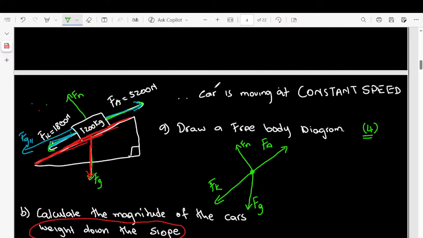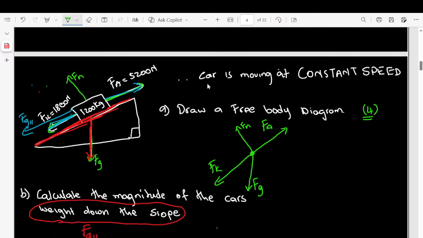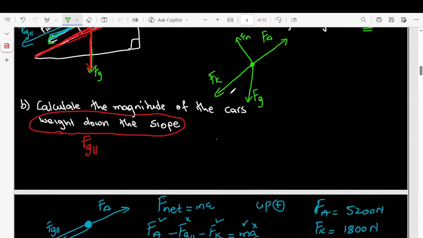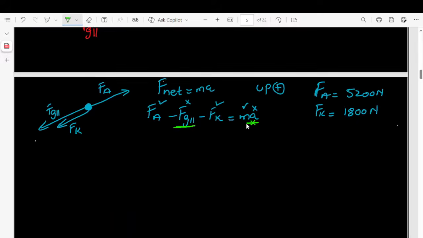We go back and read the statement carefully. They say that the car is moving at a constant speed. They put it in bold so that you can remember that if the car is moving at a constant speed, acceleration is equal to 0. So now this will be 0 times the mass, which will give us everything equal to 0.